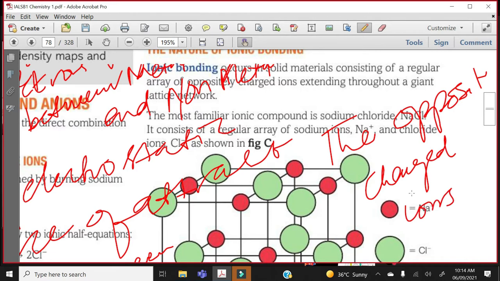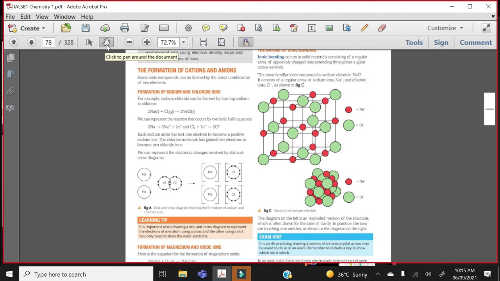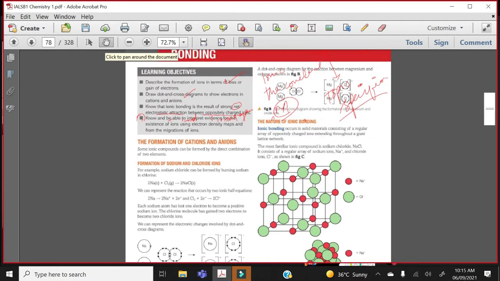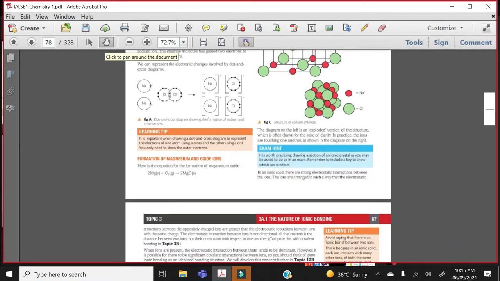Did you get my point? So now when you're writing the definition, it is the force of attraction. First of all, the ionic bond is because of the loss and gain of electrons. And this loss and gain of electrons is between metals and non-metals.